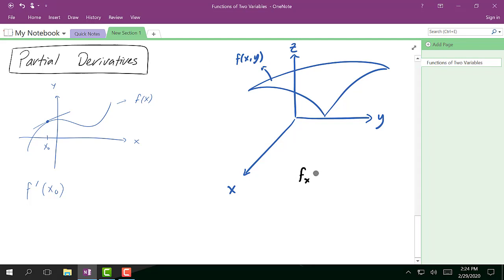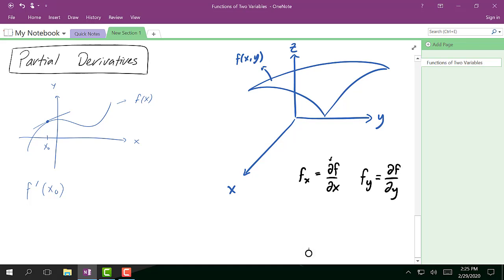So we denote f sub x to be the partial derivative of f with respect to the variable x. This symbol, sometimes pronounced del, just specifies our partial derivative. We do that because we have a function of more than one variable. The derivative of our function with respect to y is going to be partial f partial y.